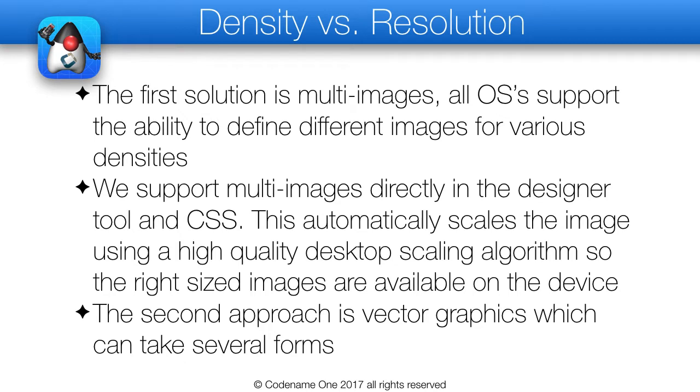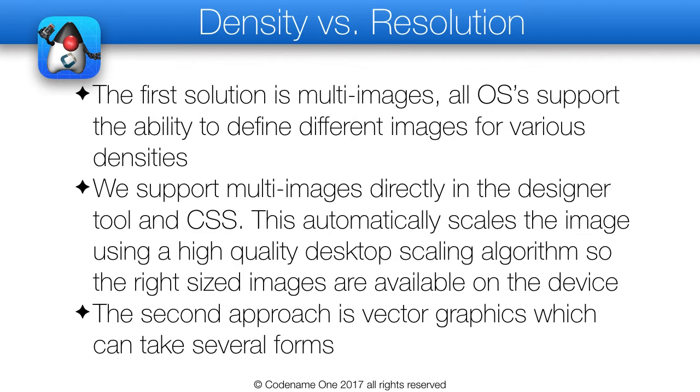In Codename One, we have that, we call it multi-images, and we do it sort of seamlessly. You just give us a high resolution image and we scale it. Now, on the device scaling, we'll have artifacts, but when we do it on the desktop, we can run a very refined algorithm that scales things with a very high quality. You can't really do that in runtime on a device. It will be too expensive.